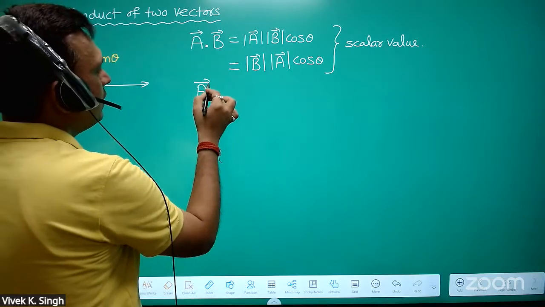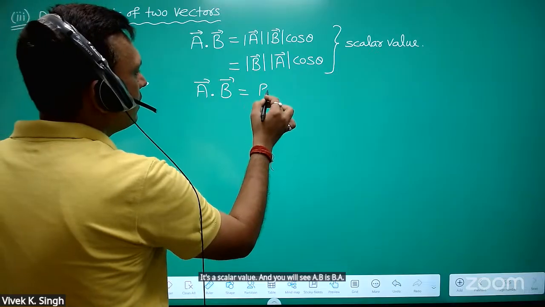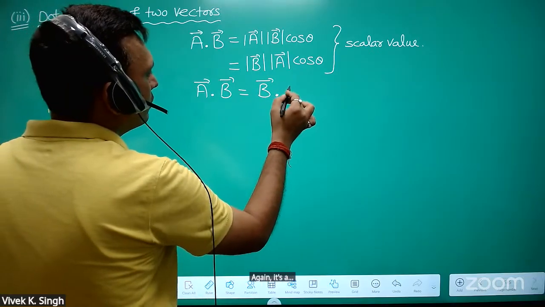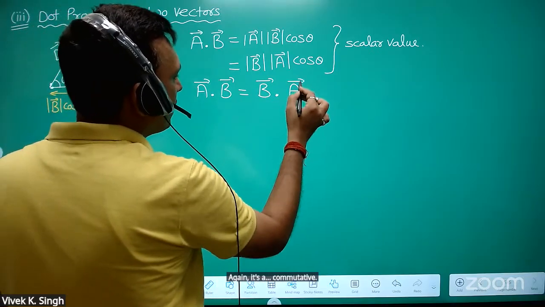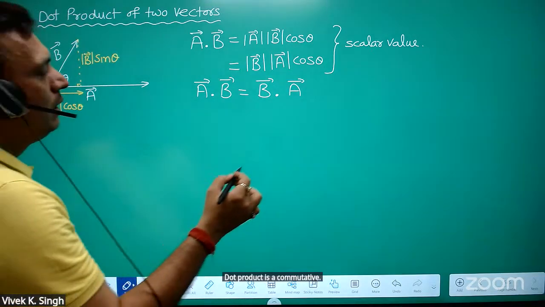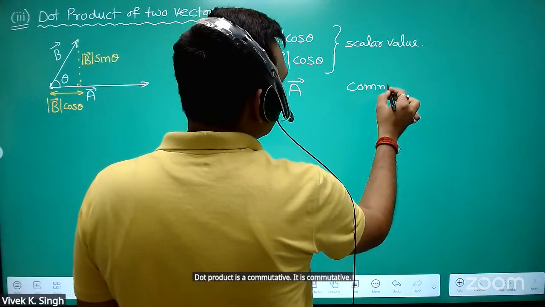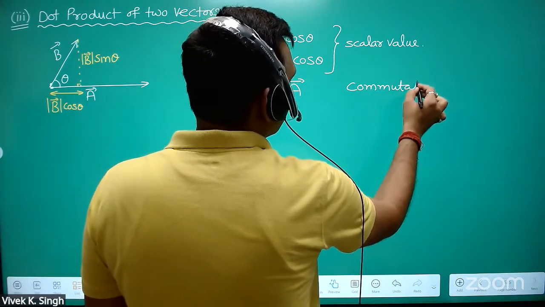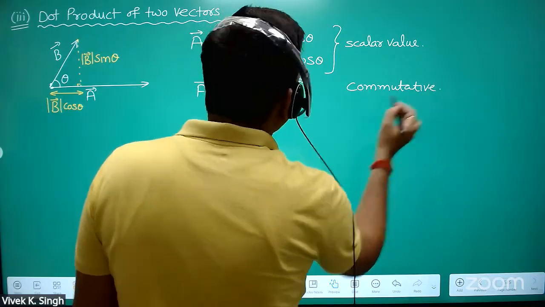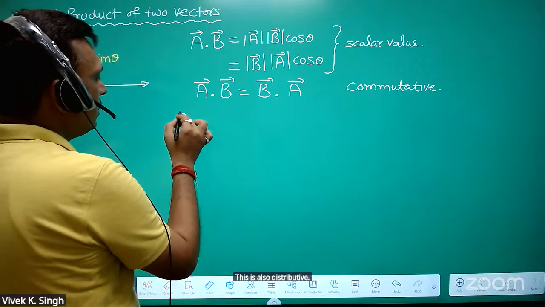And you will see A dot B is B dot A. Again, it's commutative. Dot product is commutative. This is also distributive. What is distributive?